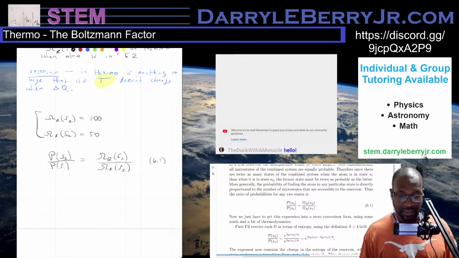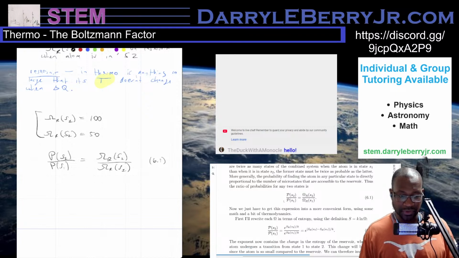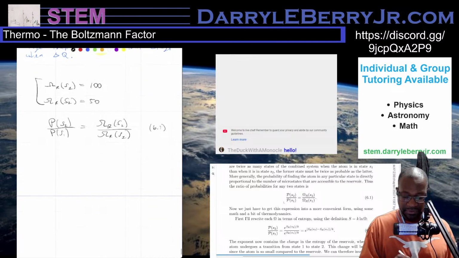Now we just have to get this expression into a more convenient form using some math and a bit of thermodynamics. First, I'll rewrite each multiplicity in terms of entropy using the standard definition.